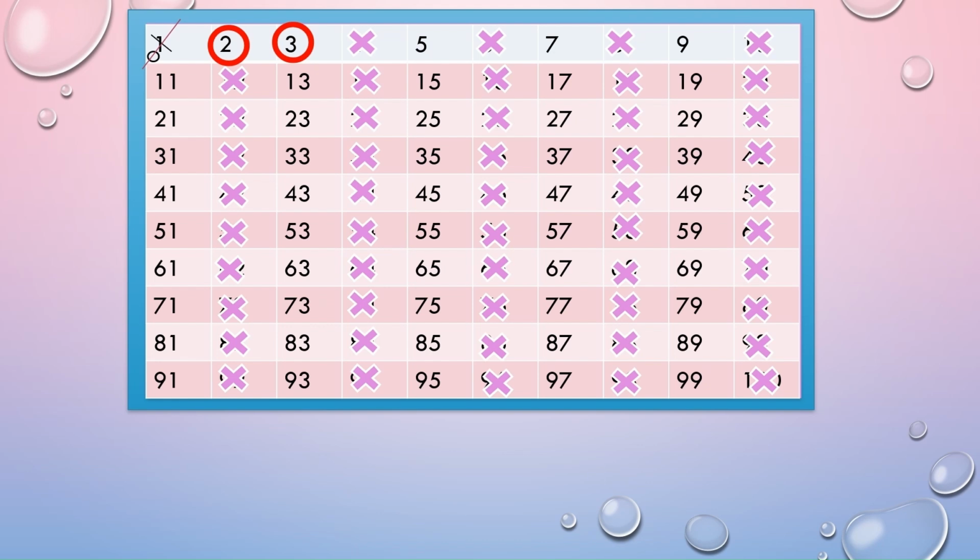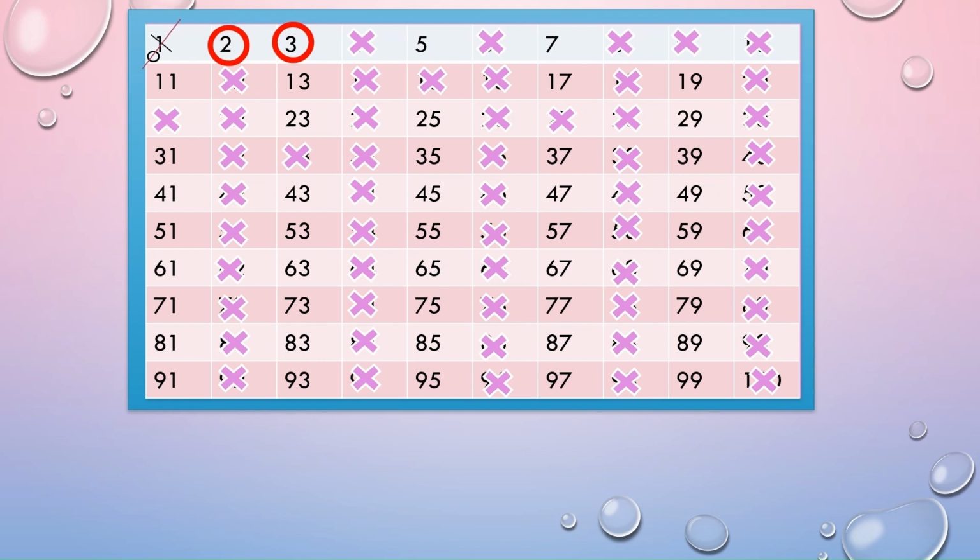It's crossed out. 3 threes are 9. 3 fours are 12 is crossed out. 3 fives are 15 in the second row. 3 sixes are 18 in the second row has been cancelled. 3 sevens are 21 in the third row. 3 eights are 24 cancelled. 3 nines are 27. 3 tens are 30 crossed out. 3 elevens are 33. 3 12s are 36 already crossed out.